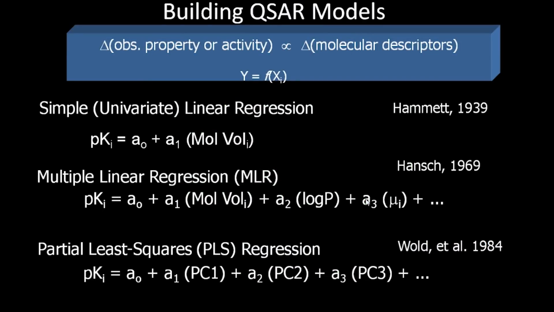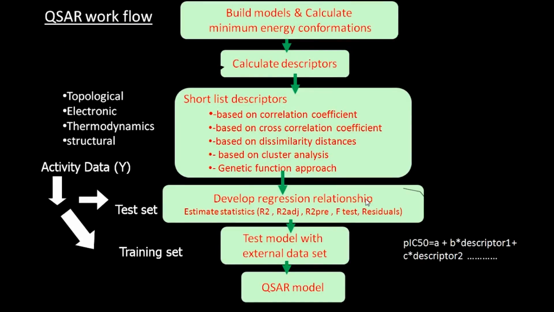So this is how we go about doing a simple structure activity relation, a mathematical relation. Okay, so what do we need? We need to build models, calculate minimum energy conformation if you are looking at structural features, then calculate descriptors. I showed you some softwares, you may be able to find more. Then you need to shortlist descriptors.